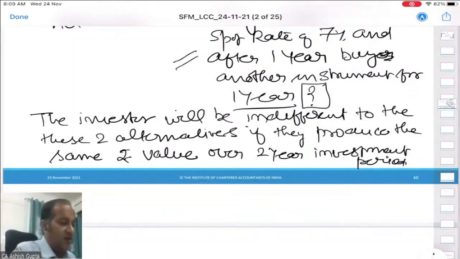Okay, students. So let us see it also diagrammatically. Then it will make you understand more.